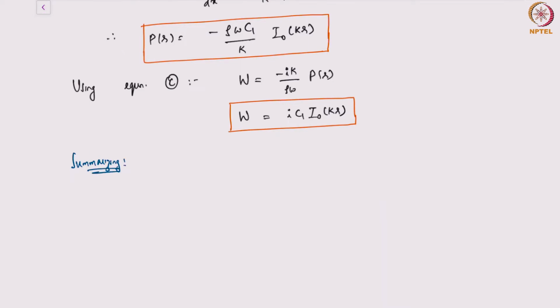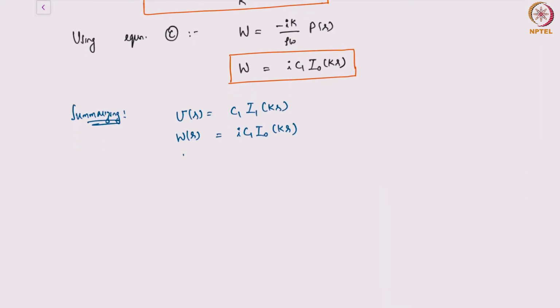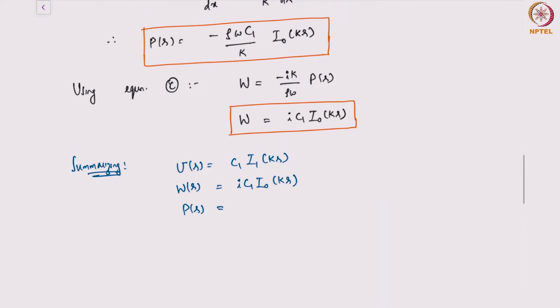So in summarizing, what do I have? I have U of R is C1 I1 of KR. W of R is I C1 I0 of KR, and P of R is minus rho omega C1 by K I0 of KR.